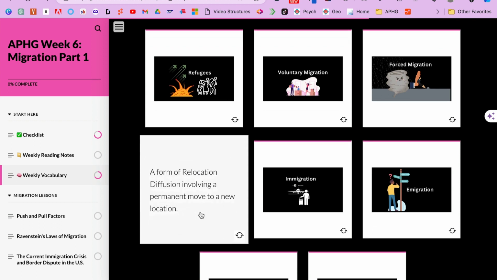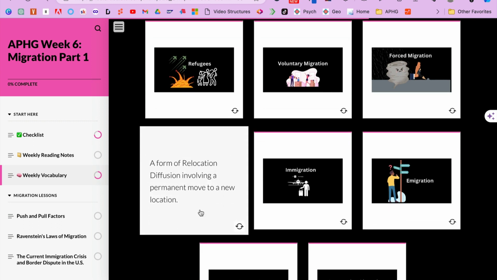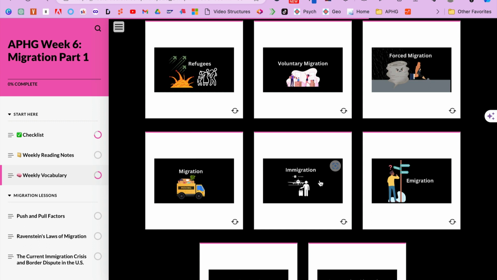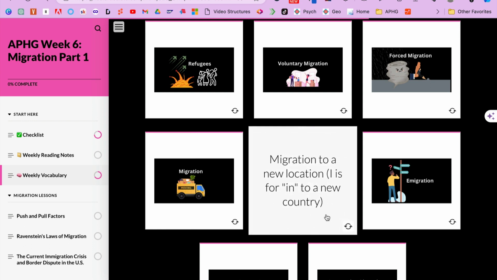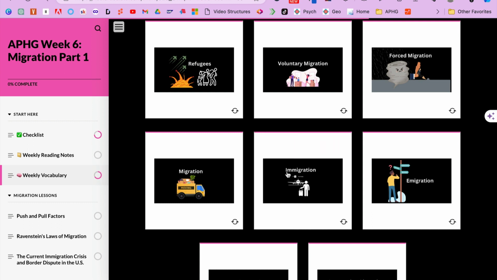Migration, as a general definition: a form of relocation diffusion involving a permanent move to a new location. Immigration: migration to a new location, and you can remember the I for in immigration. They're coming in. Emigration, on the other hand, has an E, so it's like exiting.